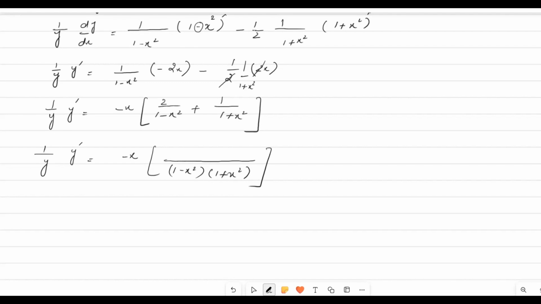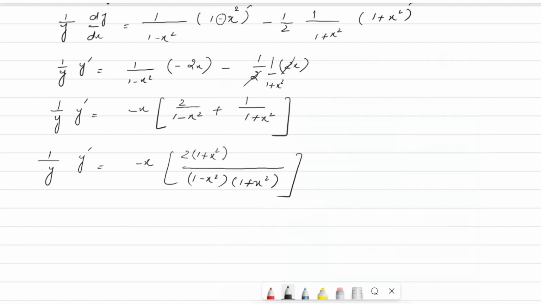So as you know, the same terms will be cancelled, and the remaining is 2 multiplied with (1 plus x square). So 2 into (1 plus x square) plus (1 minus x square), and we have to multiply 1 with this remaining (1 plus x square).